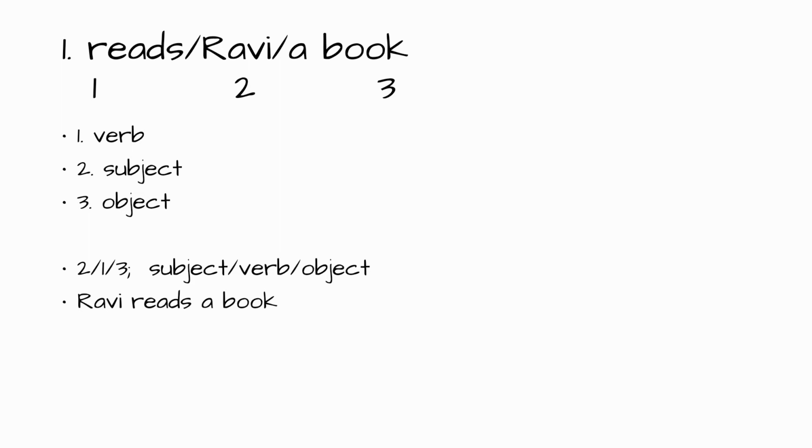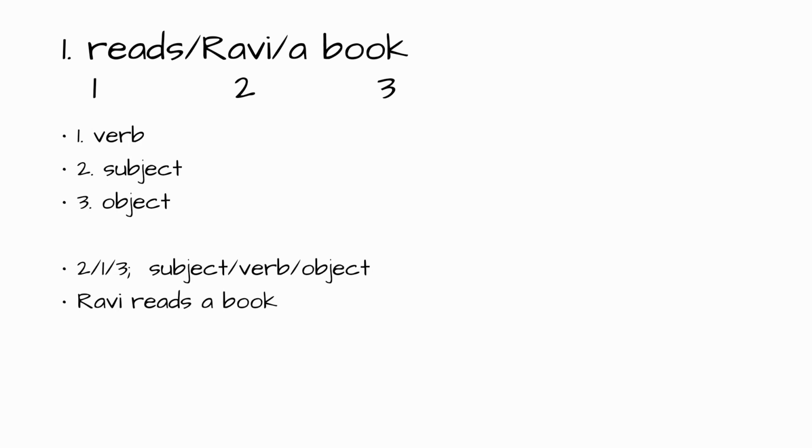If you want to make the jumbled words into a meaningful sentence, first of all, let us identify the parts of speech of the given jumbled words. Now what is the first word? Reads. What is the part of speech of reads? It is a verb. What is the second word? Ravi.